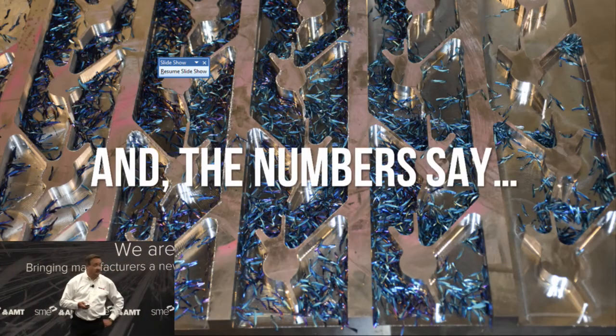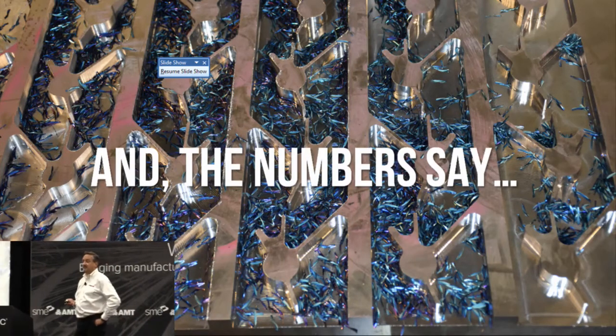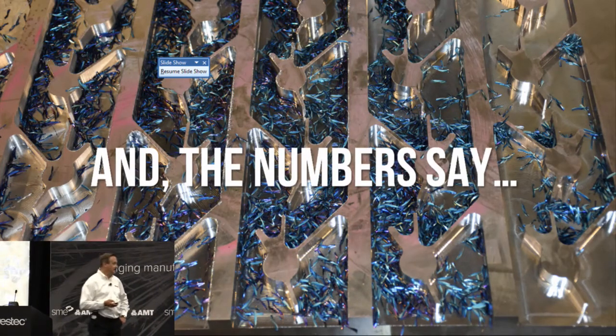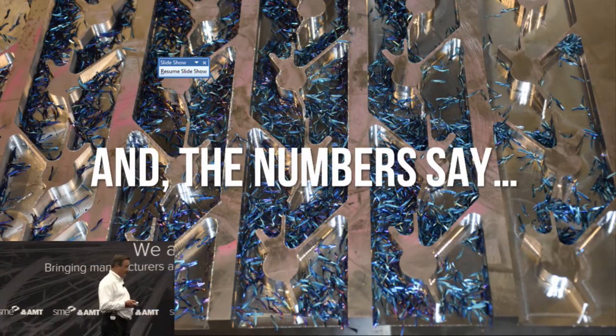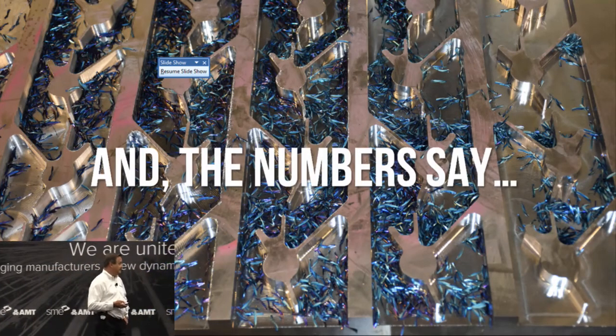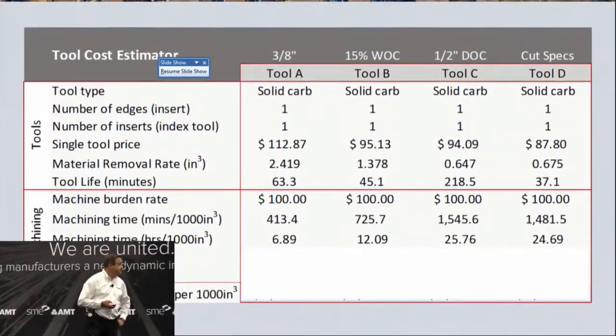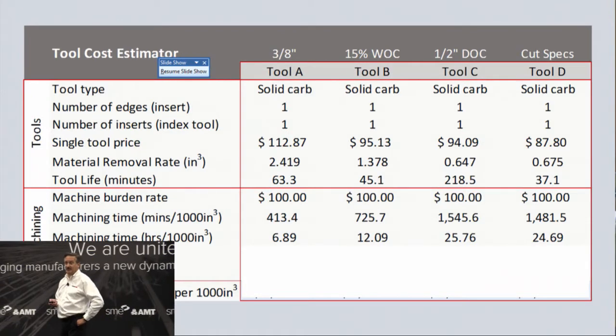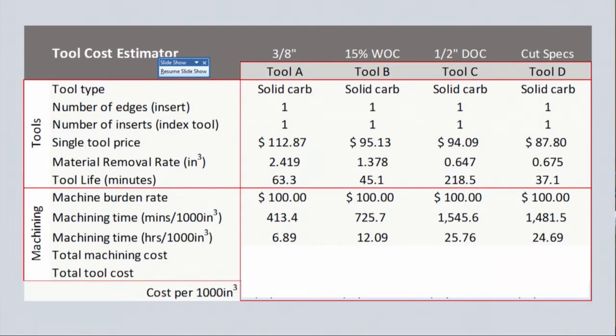All right, so let's take a look at the numbers. 4 tools, each ranging from $112 down to about $88. All right, solid carbide. Okay, you have your tool price, you have material removal rate. Again, we're using manufacturer specifications for cut parameters, so you're going to see some variation here.